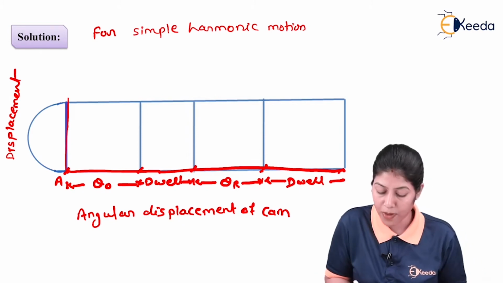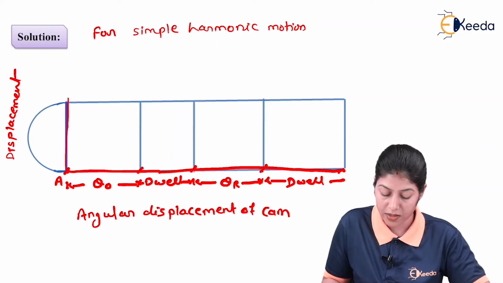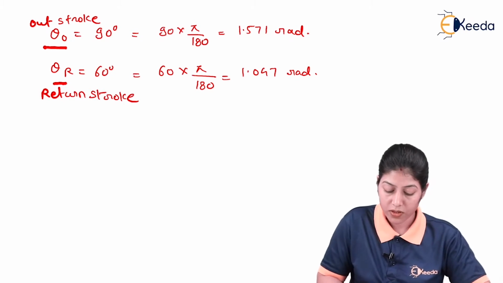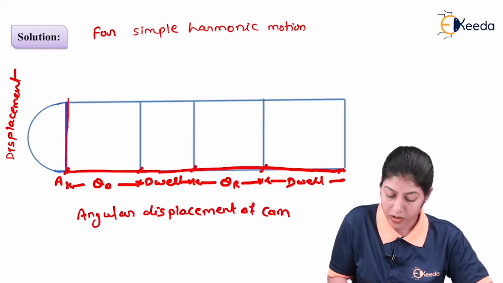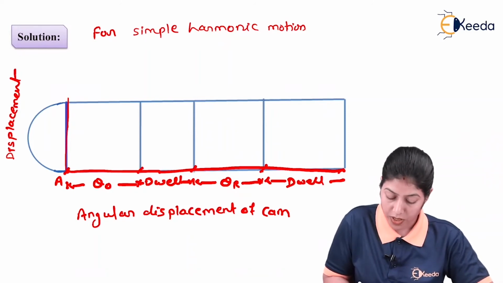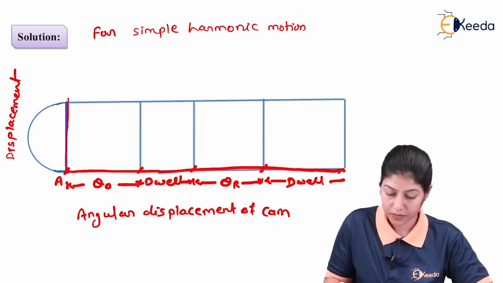So these are the 4 parts. Theta naught and theta r are representing the outstroke and return stroke. So as per these values, we will mark theta naught, theta r, and both dwells on the horizontal line.